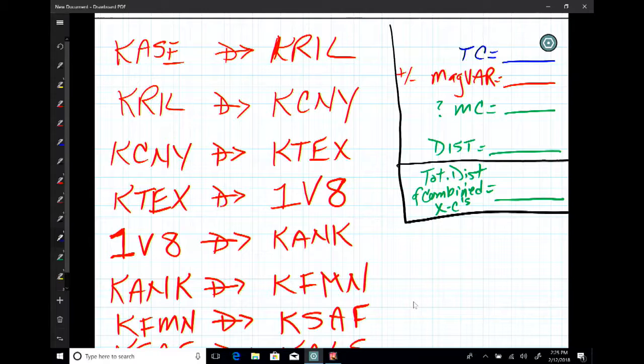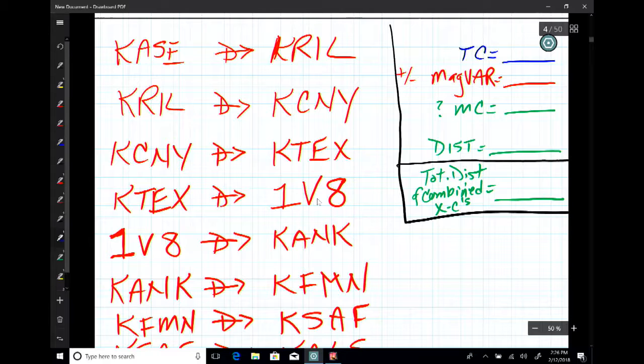So for each one of these little cross countries that you're going to be figuring out at your table, you're going to give me the true course, the magnetic variation, the magnetic course, and the distance for each one of these. Okay? That's what you're going to give me. Then you're going to go from KRIL to KCNY. Then from KCNY direct to KTEX.